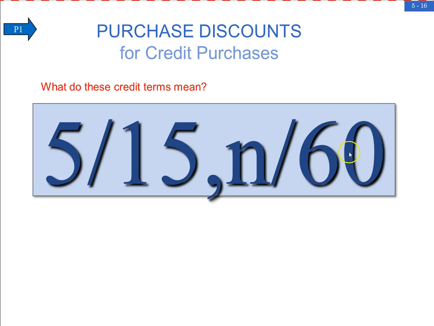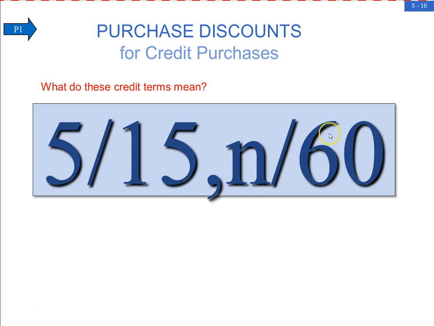Here's another one to practice. What do these credit terms mean? I'll give you a couple of seconds, and then I'll give you the answer. All right, here's what it means. Credit has been extended, but if the debtor pays within 15 days, they can take 5% off.